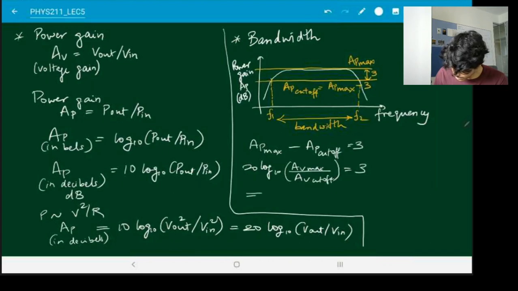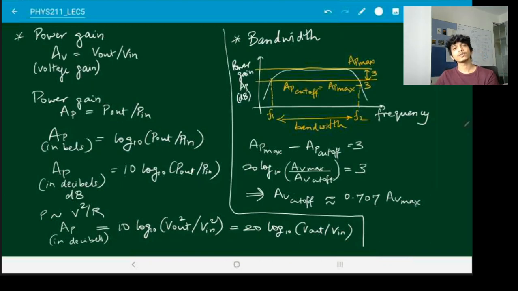And from this, if you just solve this equation, you'll find that the AV cutoff is going to be around 0.707 times AV max. So basically the cutoff is where your voltage gain has dropped to around 71% of your maximum voltage gain. Then within those frequency ranges is what we call bandwidth, and that is what is considered a good value of frequency within which you can operate your amplifier.